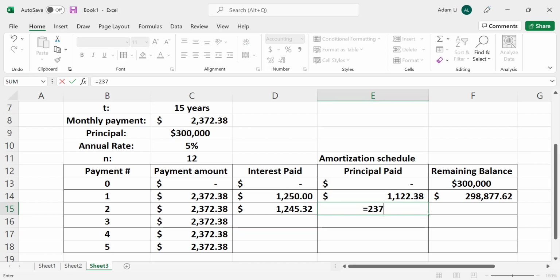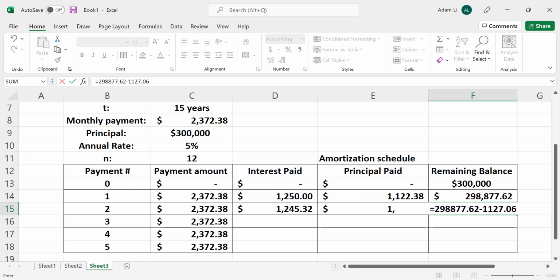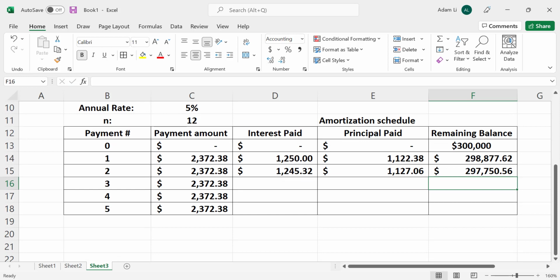Now 2,372.38 minus 1,245.32, and then the principal paid is $1,127.06. That is used to reduce the remaining balance. 298,877.62 minus the principal paid after the second payment. So you see it goes down a lot quicker.